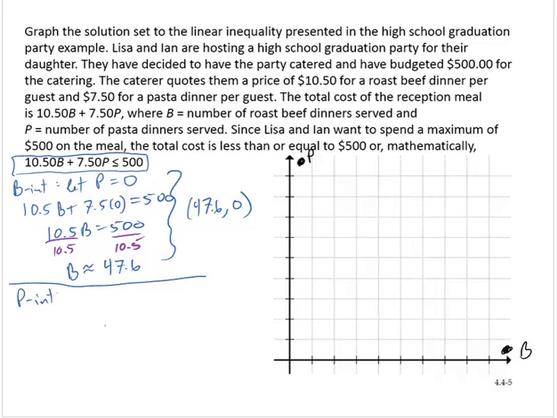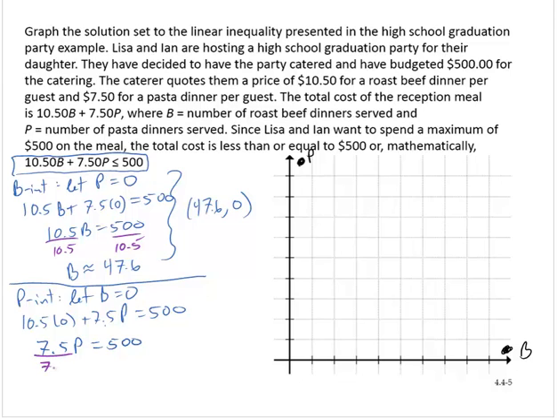The p-intercept, we will let b equal 0. So then I would have 10.5 times 0 plus 7.5b equals 500. Sorry, that should be a p there, not a b. So then 7.5p equals 500.